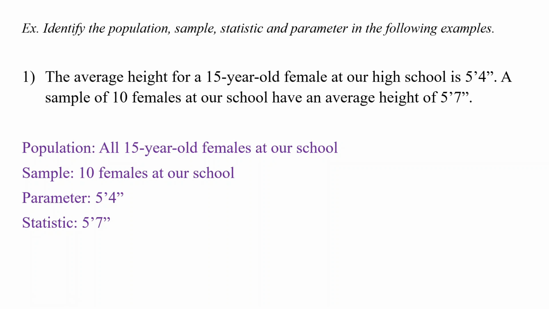We've had enough conversations about this idea of sampling variability. When we gather a sample and we get data, we do expect some variability from our parameter. Of course, we'll get a lot deeper in that discussion in the coming units, but the difference between parameter and statistic right now, we're just identifying it in a situation.